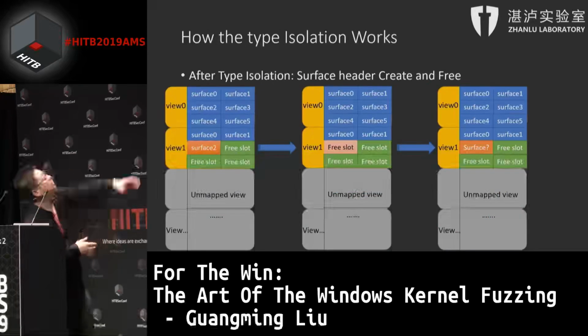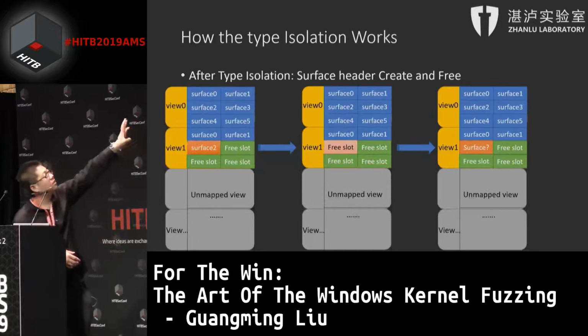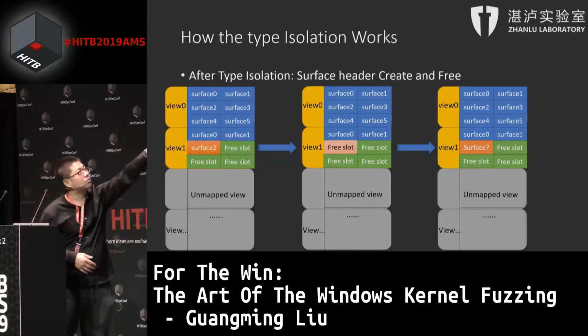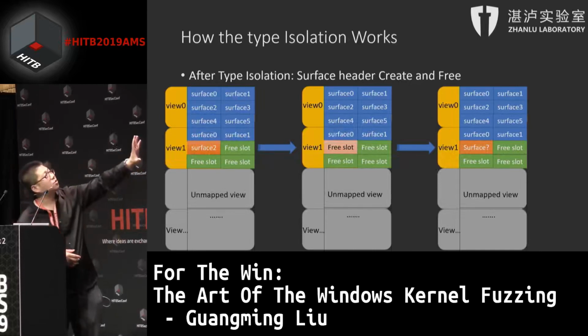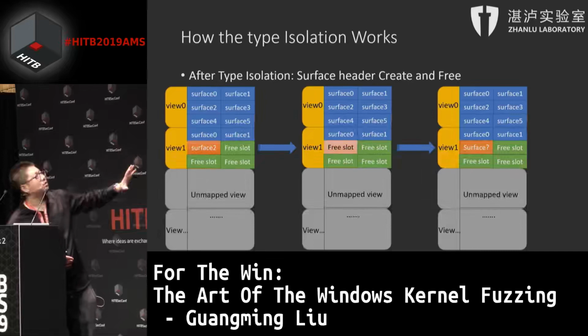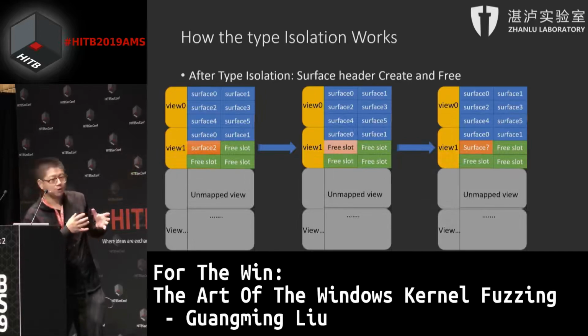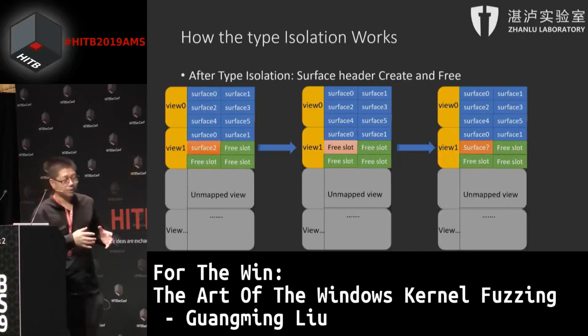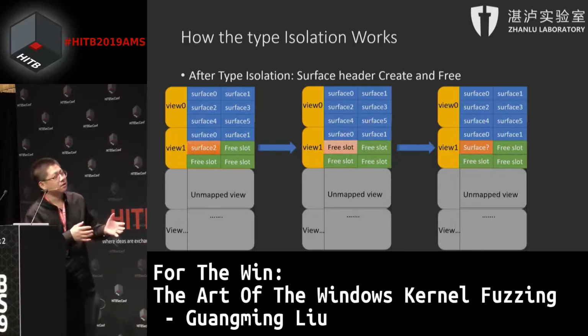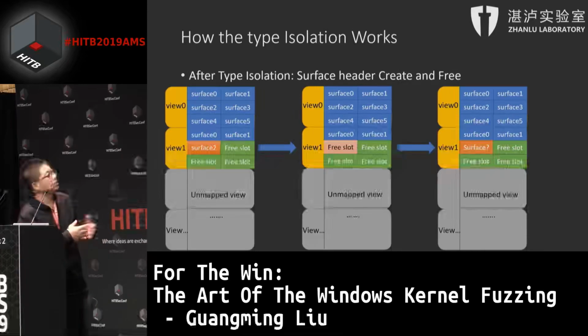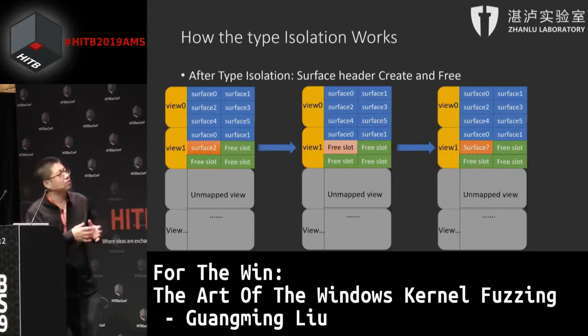We can't spray to this view. So we can't control the object. We can't control the object's length. We need to control the object's length or size to get system arbitrary read or write.